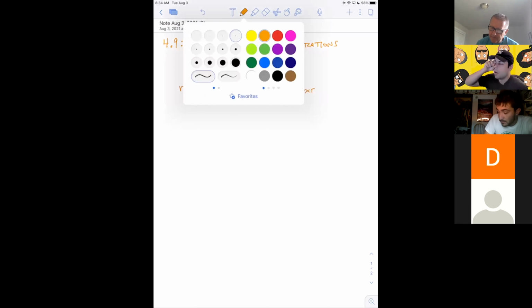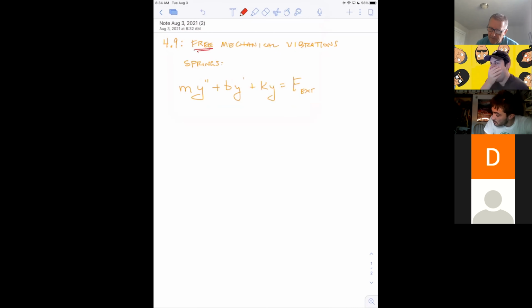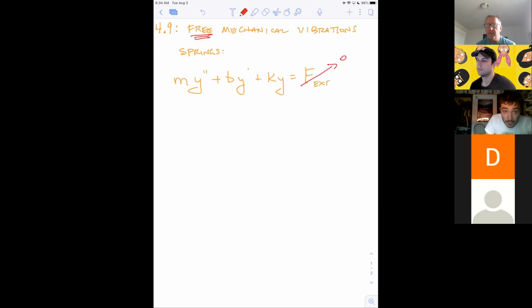I'm looking at my notes because I don't have this memorized. Now, this free mechanical, meaning there's no other stuff acting on it, for today is going to be 0. In other words, what kind of equation is this? If it's all second order equal to 0, what do we call that? Homogeneous, yes. Good job. So this is a homogeneous second order differential equation.